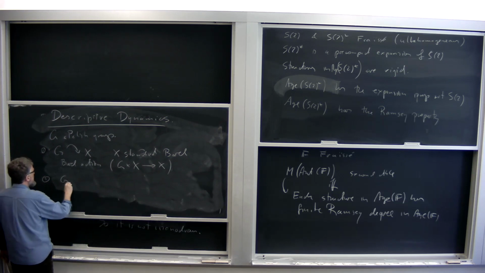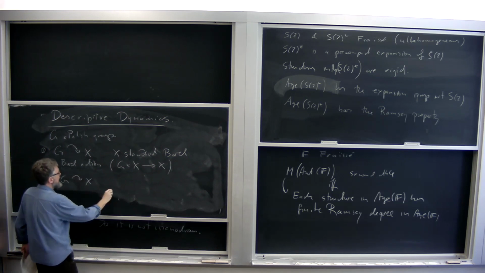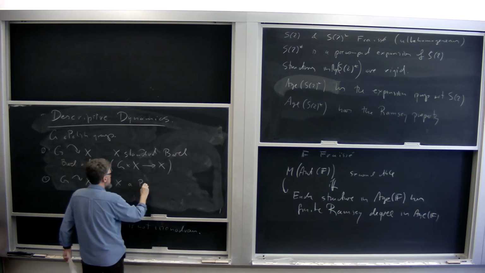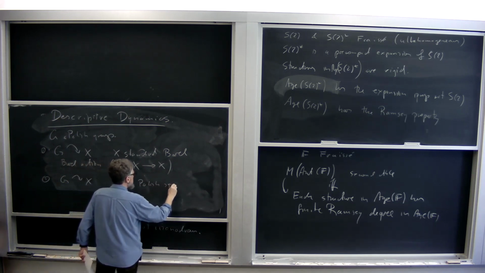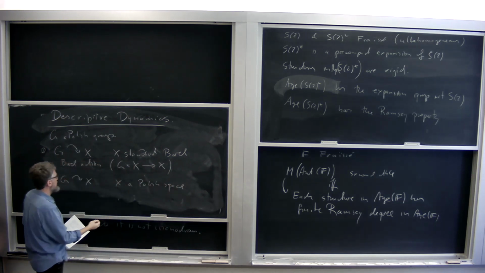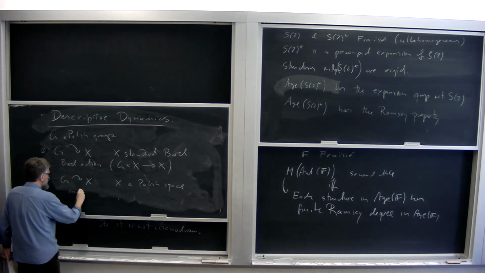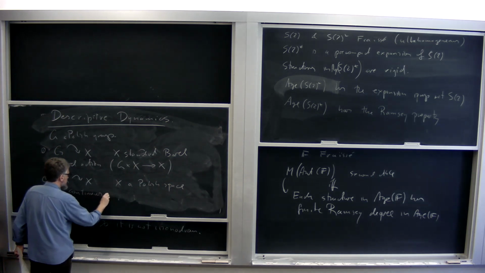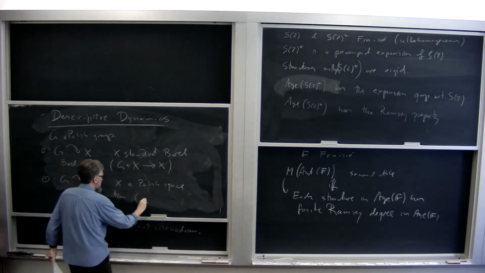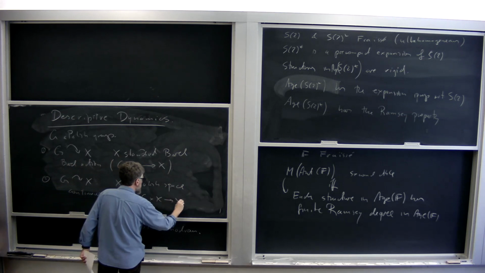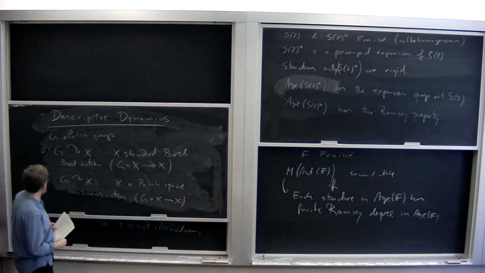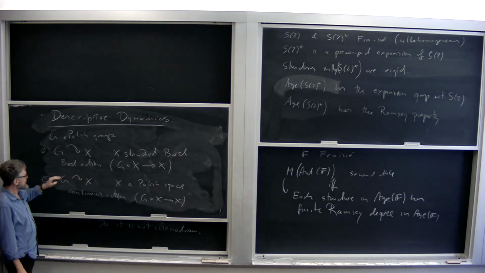And two, I have again an action, with X a Polish space. And then, of course, naturally here, I would say the action is continuous. So there are these two contexts.